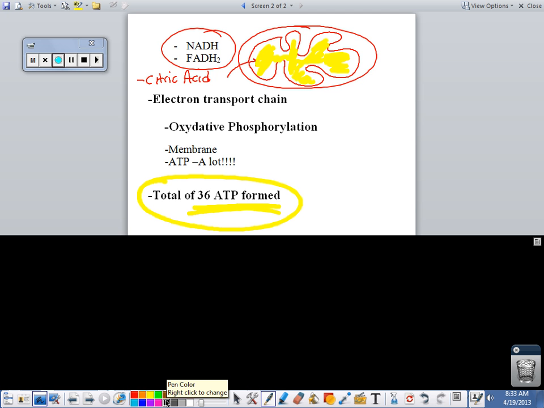It consists of 3 stages: glycolysis, the Krebs cycle, or the citric acid cycle, and the electron transport chain or oxidative phosphorylation. And also keep in mind it's just a reverse of photosynthesis, so they're really related to each other. The products of cellular respiration are used as reactants in photosynthesis, and the products of photosynthesis are used as reactants in cellular respiration.